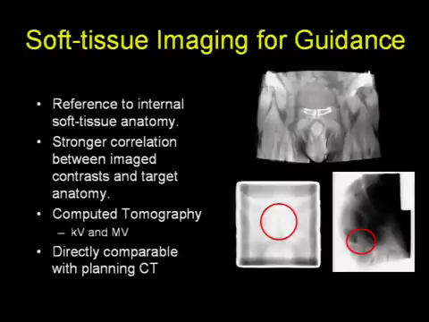So since the images are similar, they're equally easy to interpret. And again, this is CT quality, so the radiation oncologist can probably use these images offline and recontour them if need be, and initiate some adaptive strategies this way.